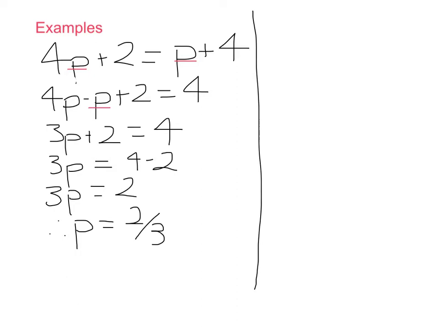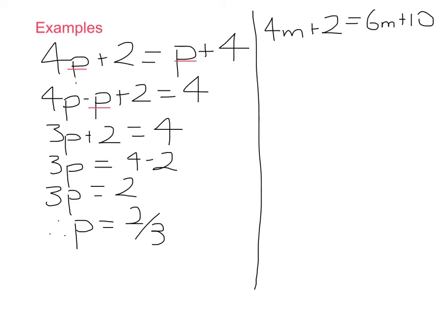Next example. What have we got here? We've got 4m plus 2 equals 6m plus 10. Now, slightly different. You'll notice if you move the 6m over to the left-hand side, it'll actually be negative 2m.